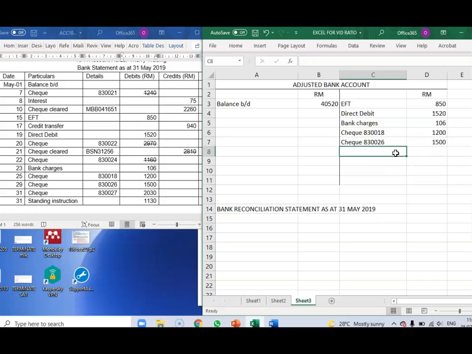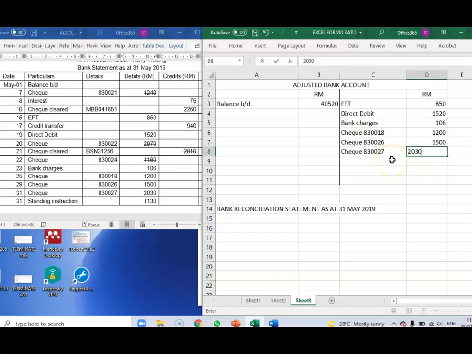And the next is check again. Okay, the check number is 8023, 27272727, and the amount is 2030.